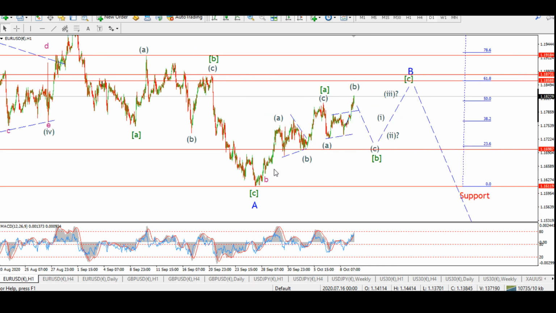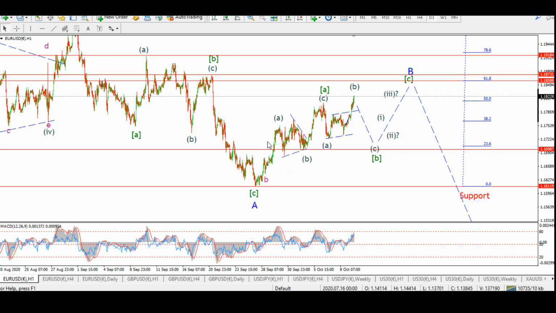Into the hourly chart here, you can see there's the wave A low, and we're working on wave B. So it's a tricky pattern. It's really hard to nail down right now.